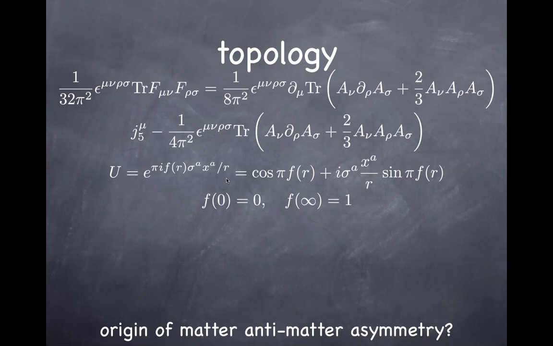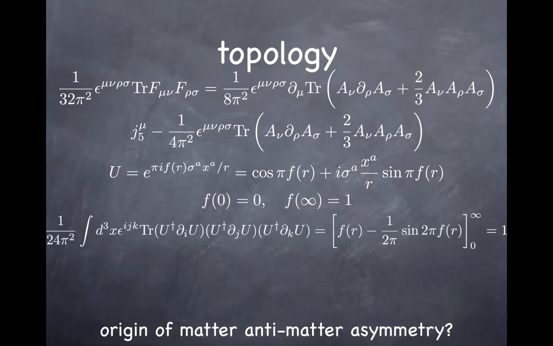And because every direction at spatial infinity is the same, you can regard the three-dimensional space as a three-dimensional sphere, because you identify every direction at infinity. And then how much this Chern-Simons changes under this gauge transformation, you can work out to be given by this expression, given by the derivative of this matrix U. You just explicitly plug that in here.